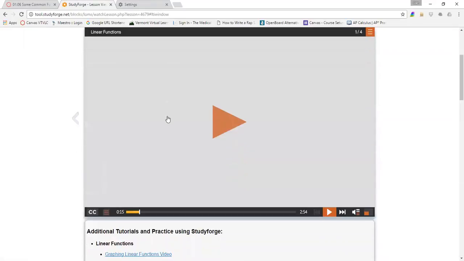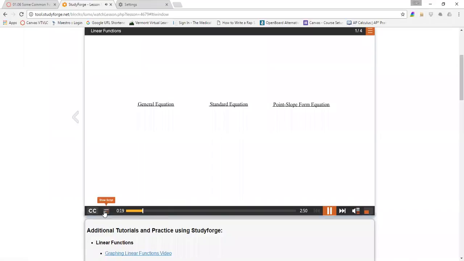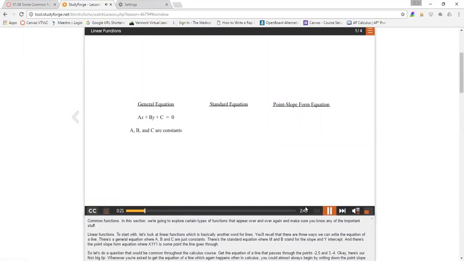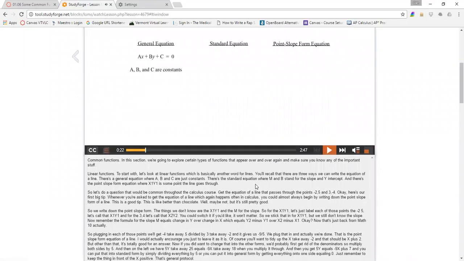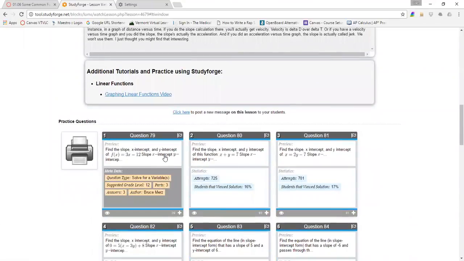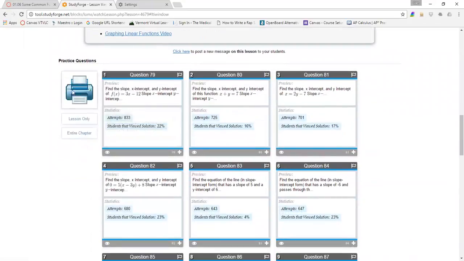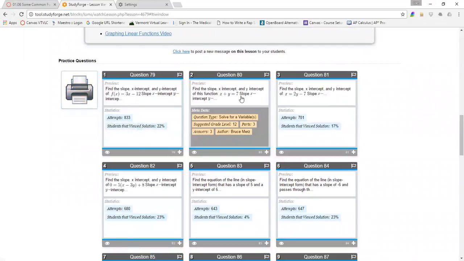This is like attending class, going to a lecture, and you listen to the professor talk. There's a bunch of text to read, and then you've got these exercises, which are, like they said, practice questions. You can print them so you can work on them offline if you want.